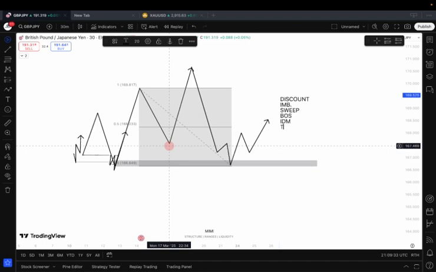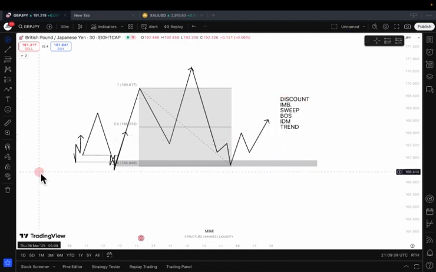Then lastly, it should be in line with the trend. So discount, imbalance, FVG, sweep, inducement still within the 50% level, and it should be in line with the trend.